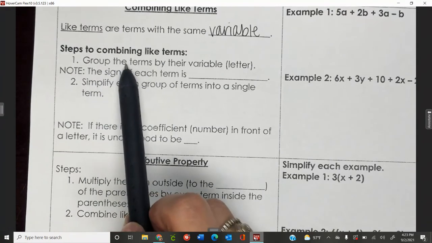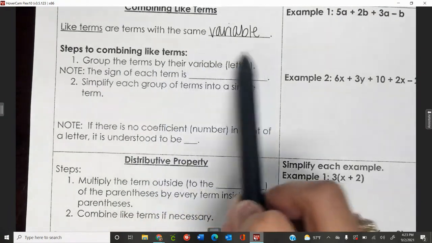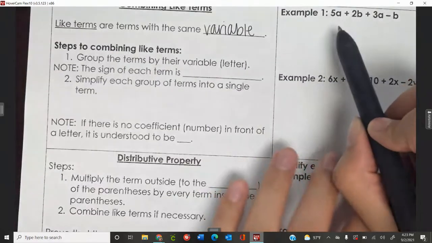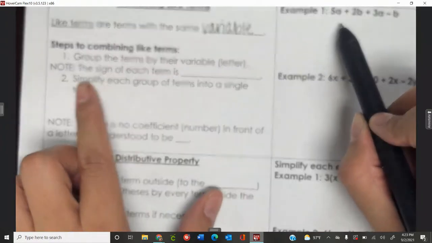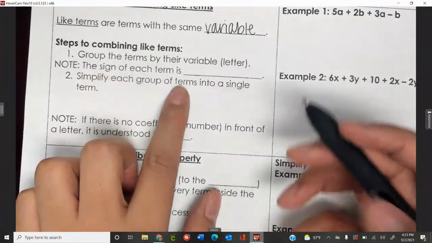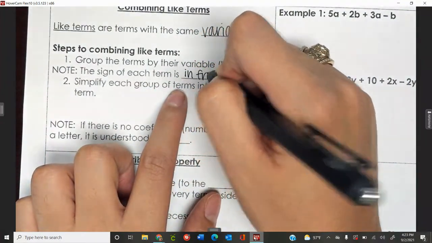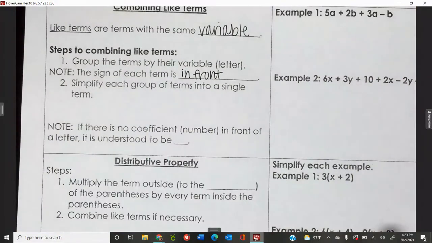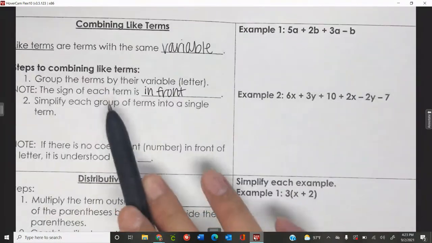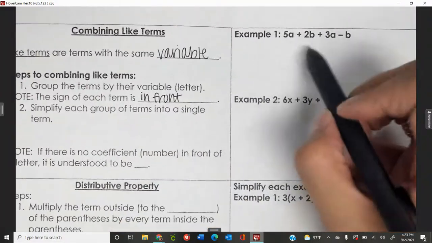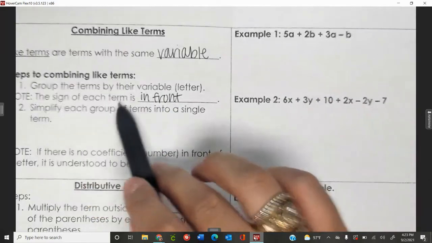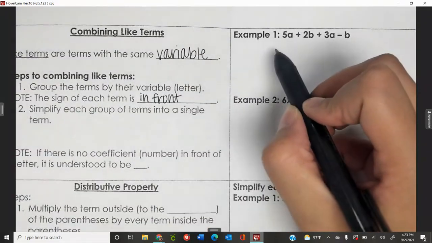Number 1 says group the terms by their variable, which is the letter. For example 1, note the sign of each term is in front, or to the left. So you have to make sure you take the sign with the term. Starting off, I want to group my terms that have the same letter.